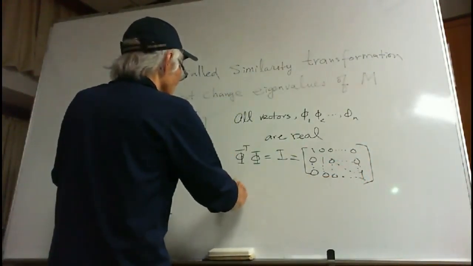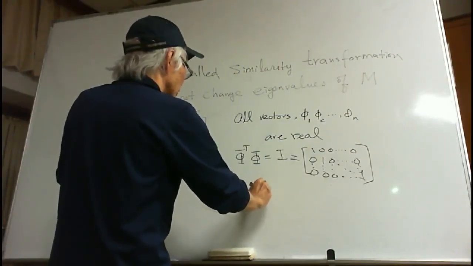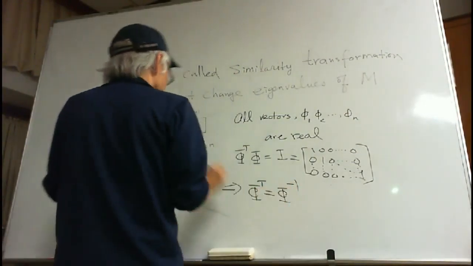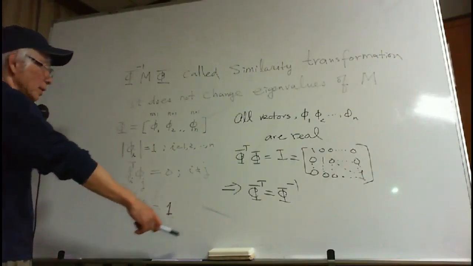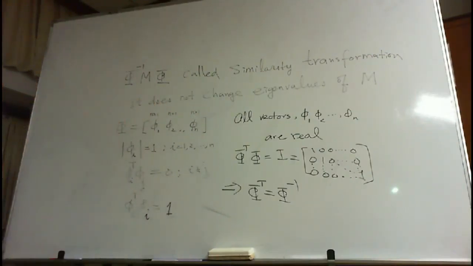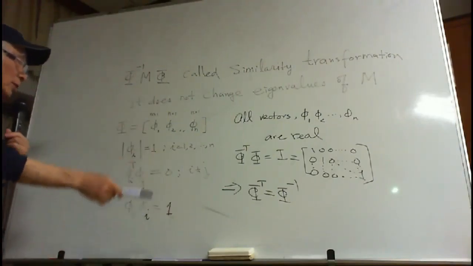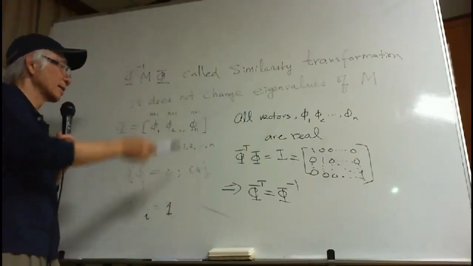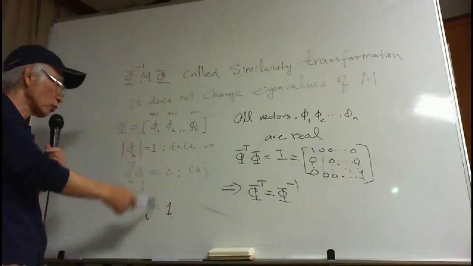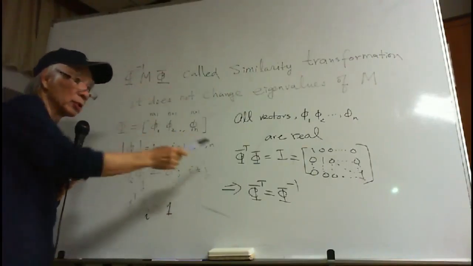That means phi transpose equal to phi inverse. All this, for any symmetric matrix, you can always find a transformation matrix that satisfies all the equalities here, and they're all real.